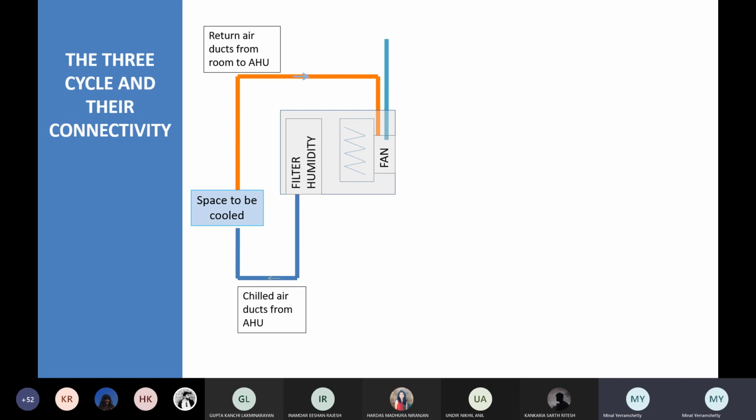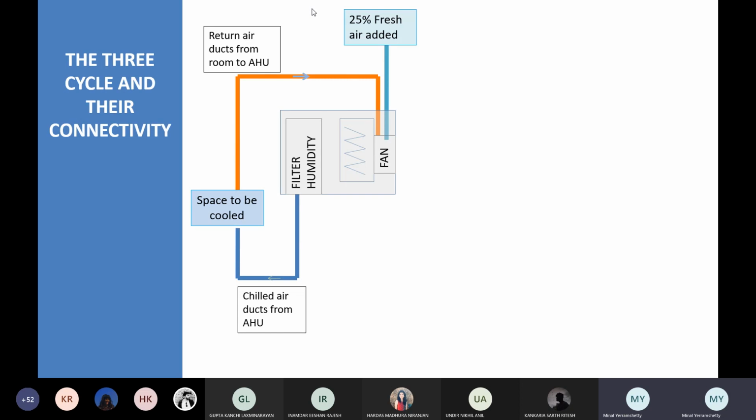Okay, fan, when I say the AHU requires ventilation, that's because I require 25% of air is added to it, okay, fresh air. Now this is required according to the ASHRAE. You know what is an ASHRAE, right? It's a body which deals with engineering of ventilation and lighting and everything.